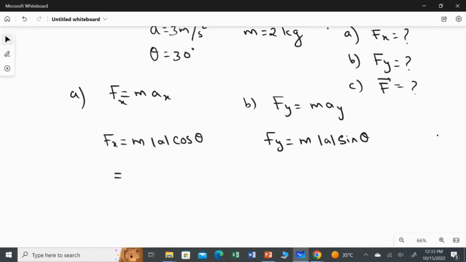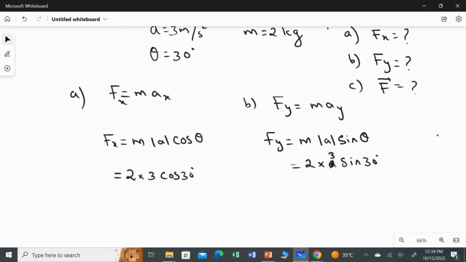Now I am going to substitute the values. What is the mass of the object? The mass of the object is 2, and the acceleration they mention is 3 meter per second square, cosine of 30 degrees. Likewise here, mass 2 multiplied by the magnitude of the acceleration, 3 meter per second square, sine of 30 degrees. So what will be the answer? 2 multiplied by 3 cosine of 30 degrees.